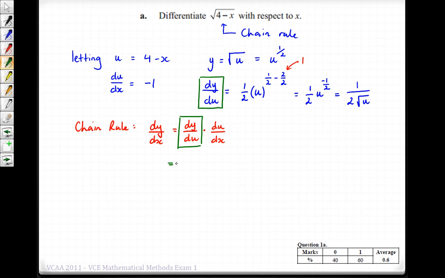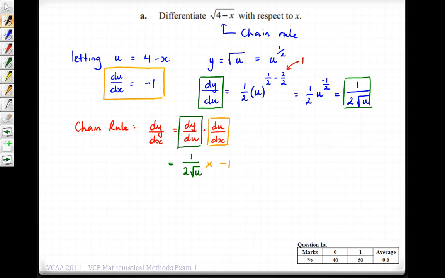So we substitute that in, and we get 1 on 2 root u. And then we have to multiply, we'll do that in orange, by du/dx, which we found here, which equals -1. So we're going to multiply that by -1.